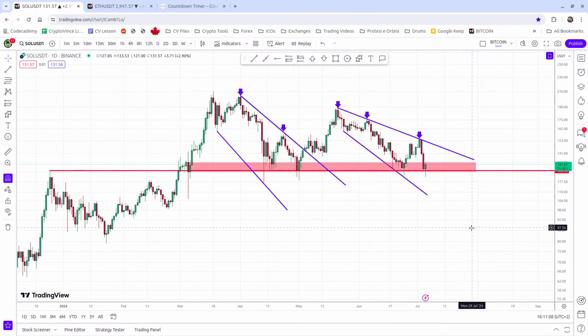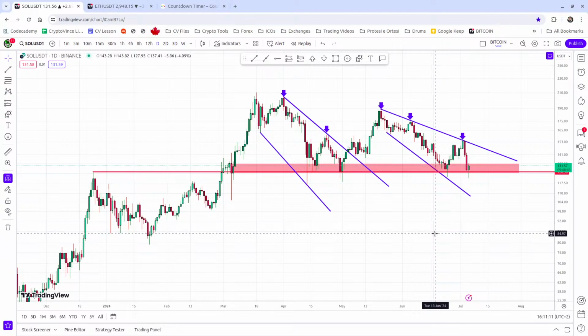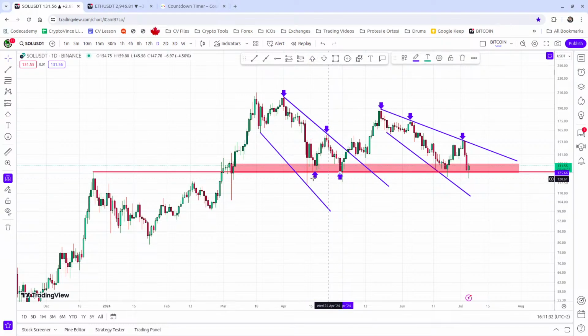I mean, we have a bullish pattern here, broadening wedges, and a double bottom too, as it happened here. So this. Isn't this? Not bad, not bad.